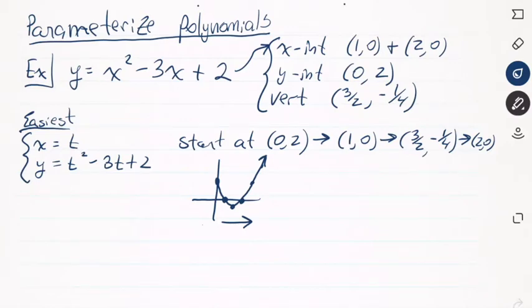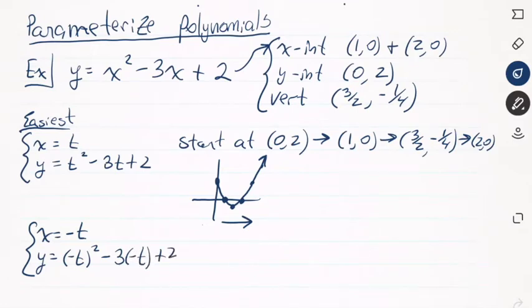All right, the second easiest would be to choose the parameter to be x equals negative t. And then y is going to become negative t squared minus 3 times negative t plus 2. And then we can kind of simplify that. That's t squared plus 3t plus 2.